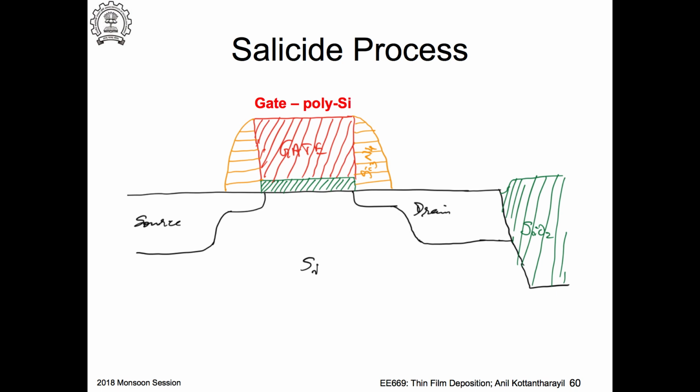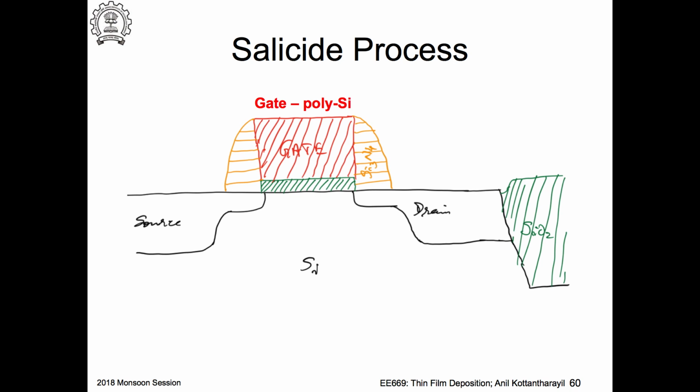And then you will make the source drain junctions, right, with a gate in place already. And then you have to make a contact to the source, drain and the gate without creating any short circuit.